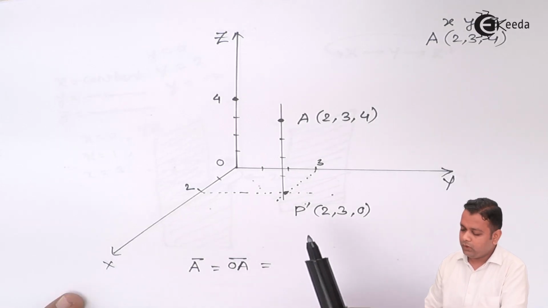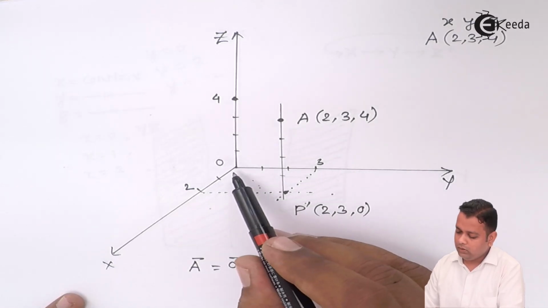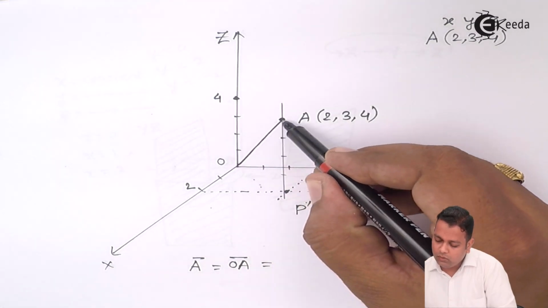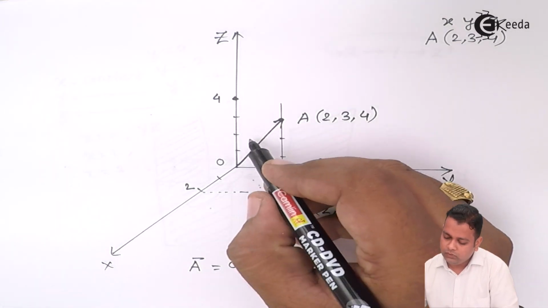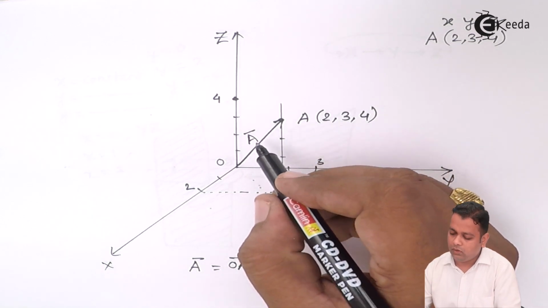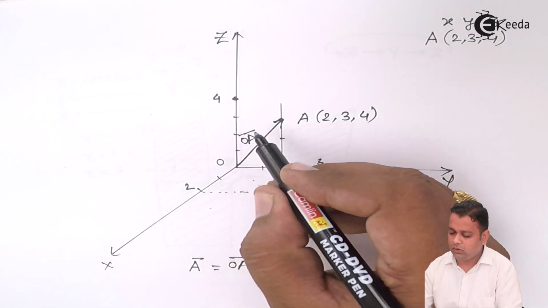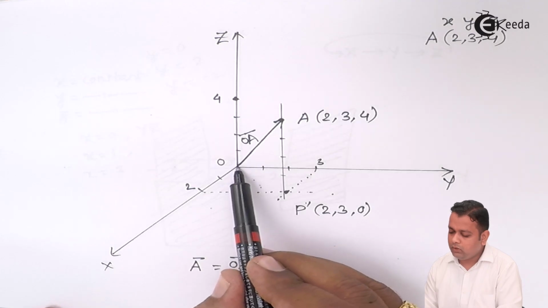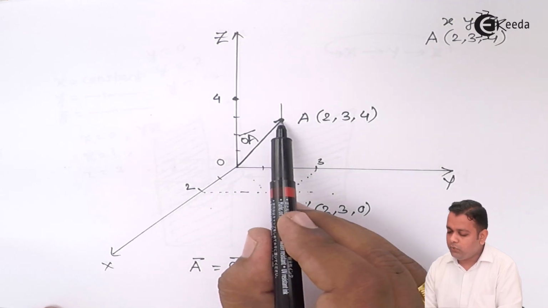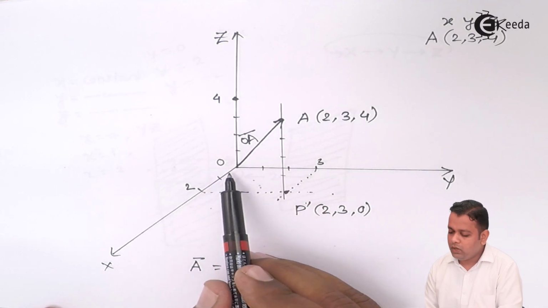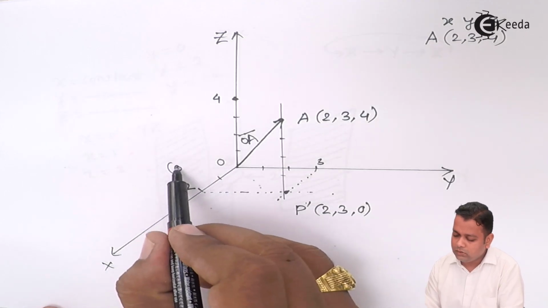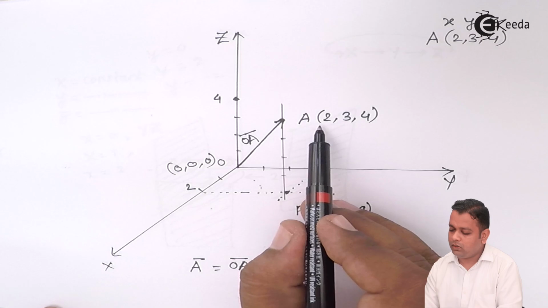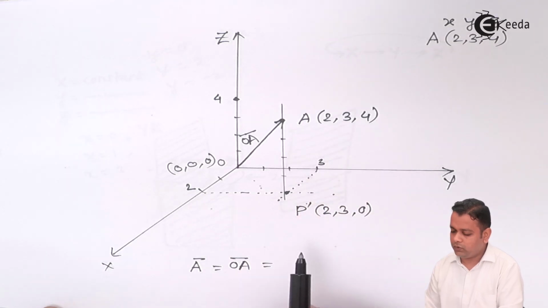So here the vector in the diagram can be represented starting at O, ending at A. So this is A bar or OA bar. This is the starting point of the vector, O, and the ending point of the vector, A. So O has the coordinates 0, 0, 0 and A has the coordinates 2, 3, 4.